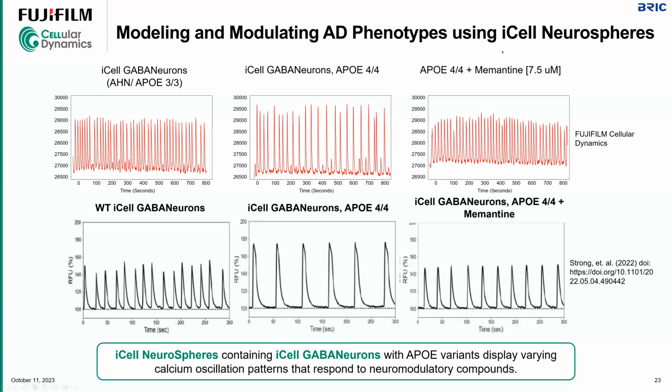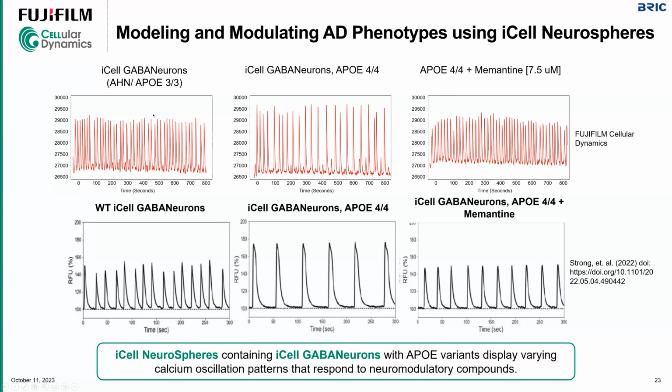But when these ApoE44 isoneurospheres are treated with memantine, the clinically approved anti-Alzheimer's disease treatment that targets and blocks NMDA receptors, therefore maintaining glutamate levels and calcium oscillation patterns, you can see that this pattern becomes more and more similar to the wild-type isoform.